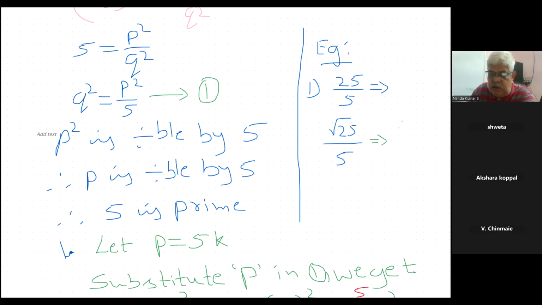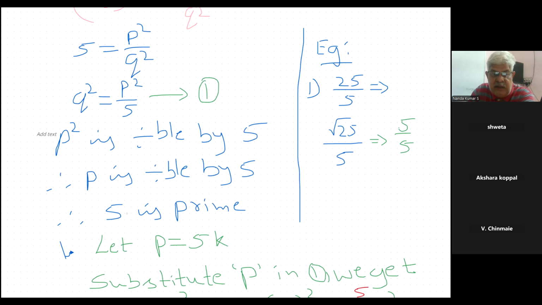So, based on this concept, my dear children, p square is divisible by 5 means p is also divisible by 5. Therefore, 5 is considered as the HCF of p, the most important consideration. Therefore, we call it p is a prime number.